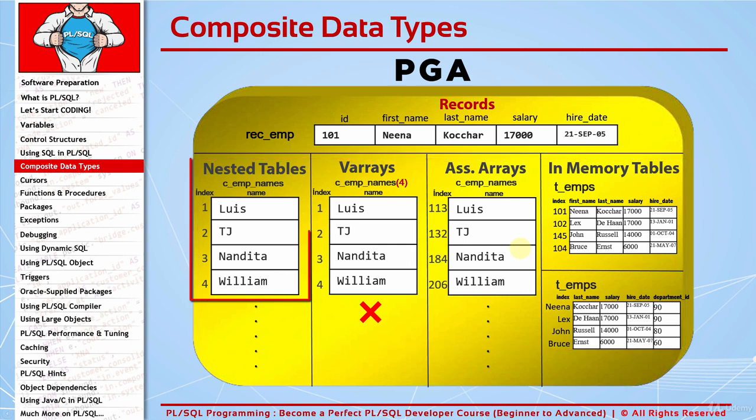We choose nested tables when the values of our indexes are not important, because it will be an incremental value starting from 1. We will choose VARRAYs when we want to do the same thing as with nested tables, but we want it to be bounded. I want this collection not to exceed the specified number of rows. VARRAYs are bounded, but nested tables are not bounded.